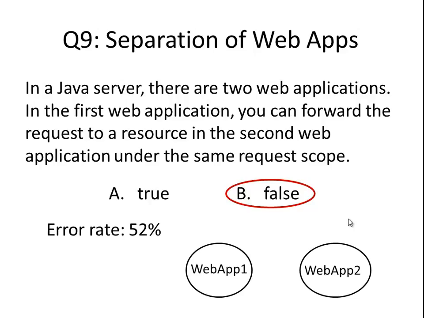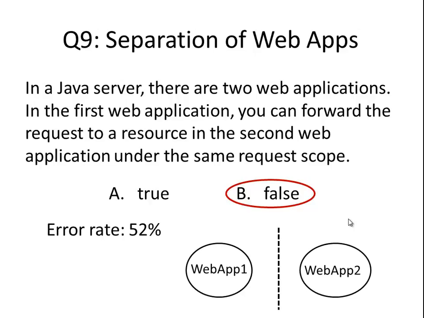Suppose we have 2 web applications in the same server. Right? And based on the Java EE, they should be separated. So what's the meaning? They should be separated. So mainly related to if you want to access a resource in one web application from another one, then there is a restriction.